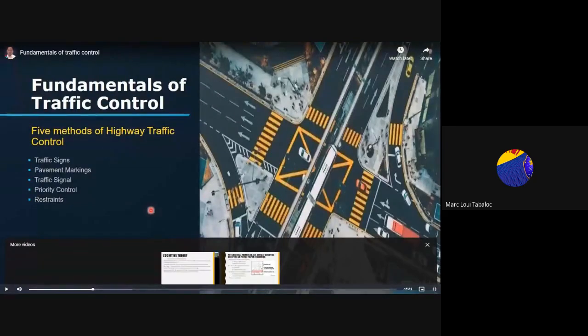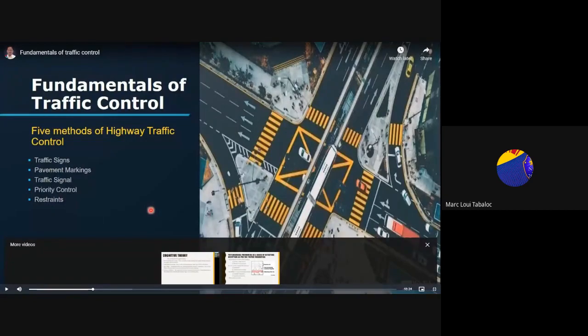So, our focus is on land transportation. It does not only involve vehicles like cars or motorcycles but also railroads, especially if there is a rail or railway as part of a traffic system in a place.